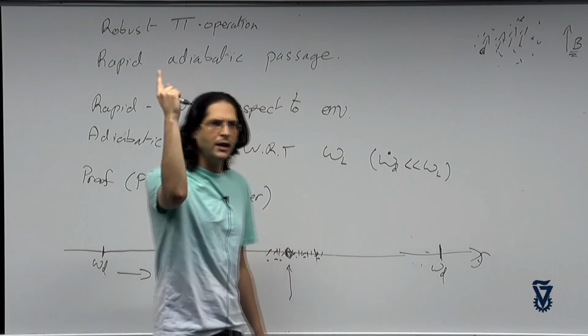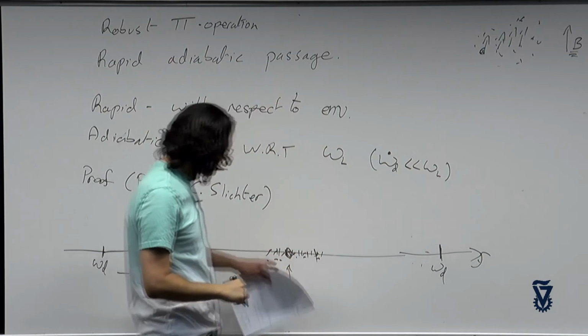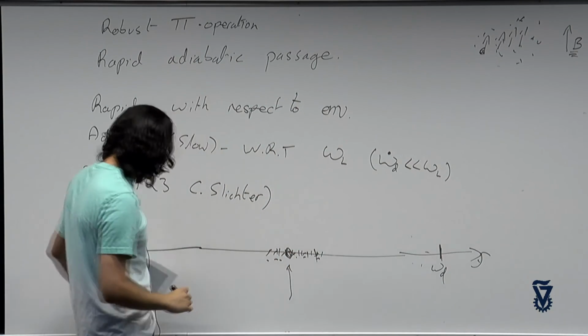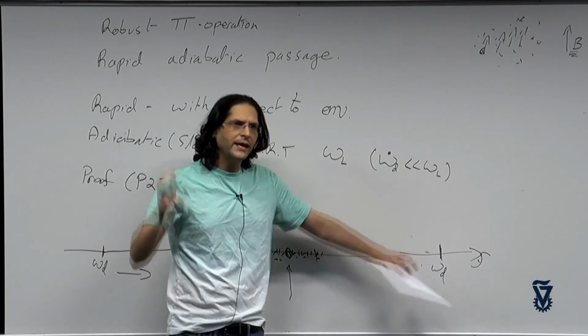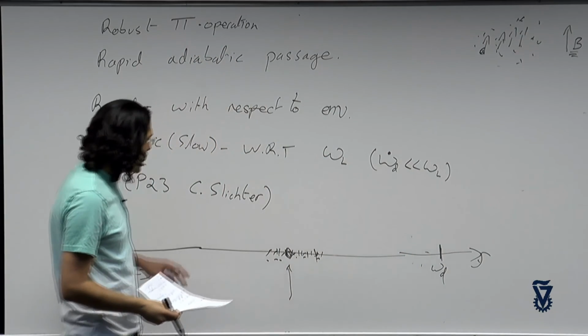They'll be rotating faster and at a different angle, okay? So they won't exactly flip. What this does is create a robust way to flip the magnetization.